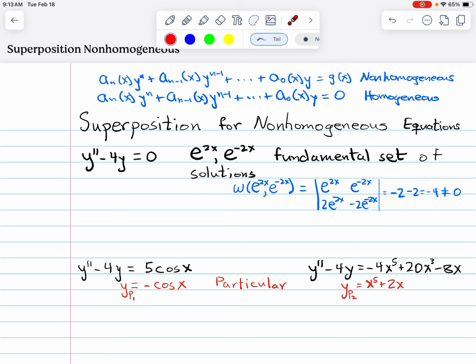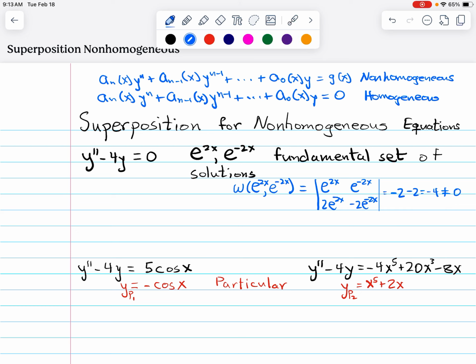We can send them into the Wronskian to test to see if these form a fundamental set of solutions. The Wronskian is just the determinant. We put it in here, and if we get something that's not equal to 0, we say yes, those solutions form a fundamental set of solutions.